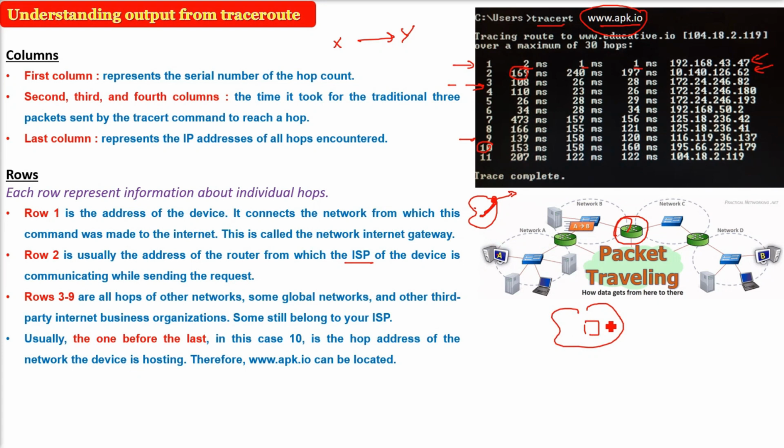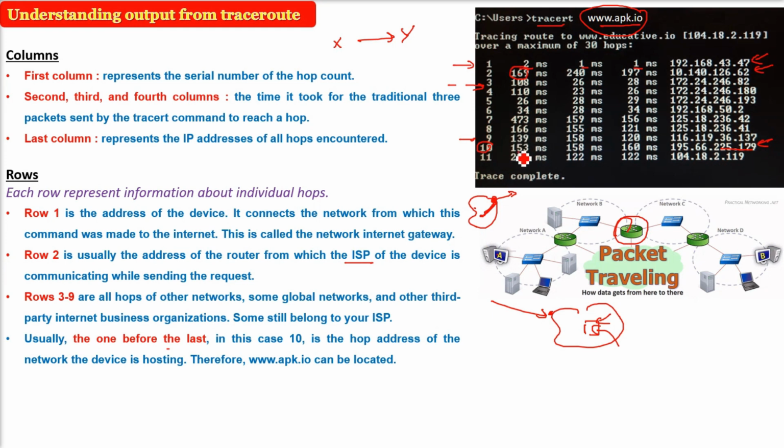That is, www.apk.io is hosted somewhere. This is where www.apk.io is actually hosted. This one is 195, 166, 225 and 179.